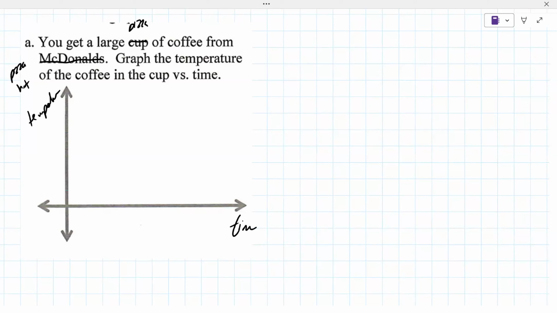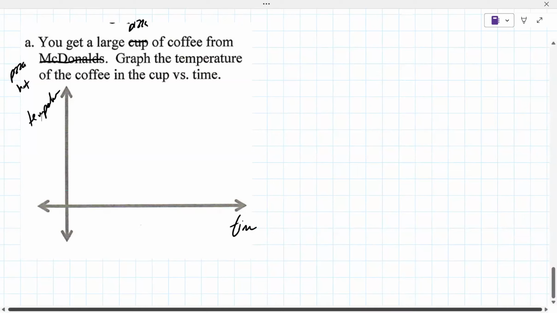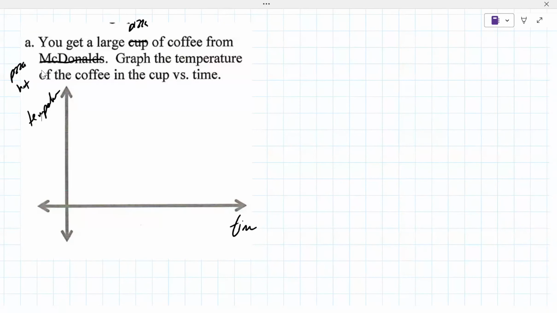Right. It's really hot to start. You probably don't eat it, or if you do, you burn your mouth. And then as time goes on, we've all had a cold slice of pizza. So what happens to the temperature?